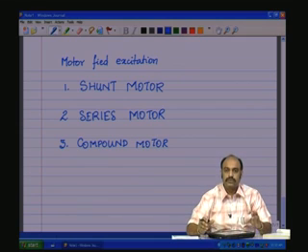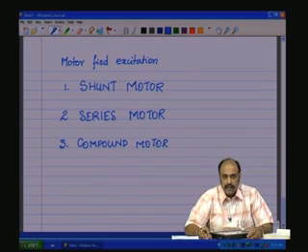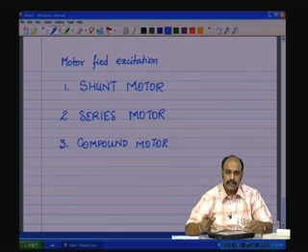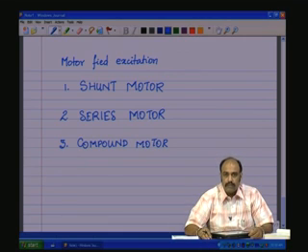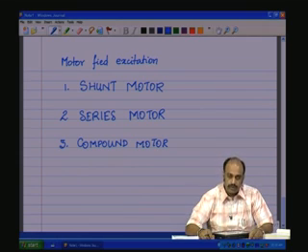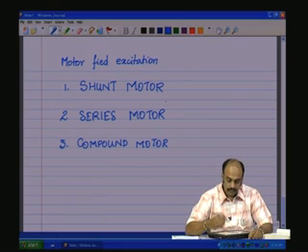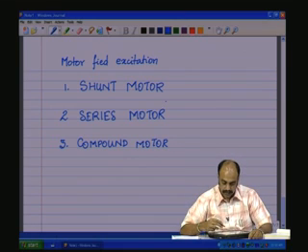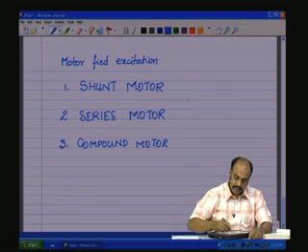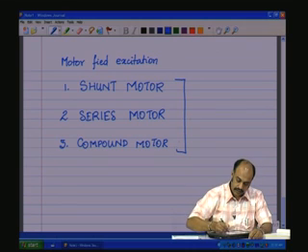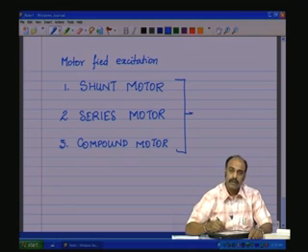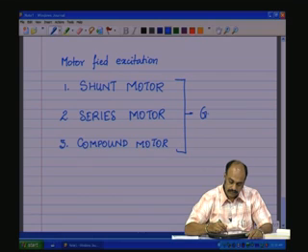You have two sets of coils, the shunt coil and the series coil. The shunt coil is connected across the motor armature. The series coil is connected in series with the motor armature. So, that is the compound motor, and these are the three main types of motor that you would come across, general categories.